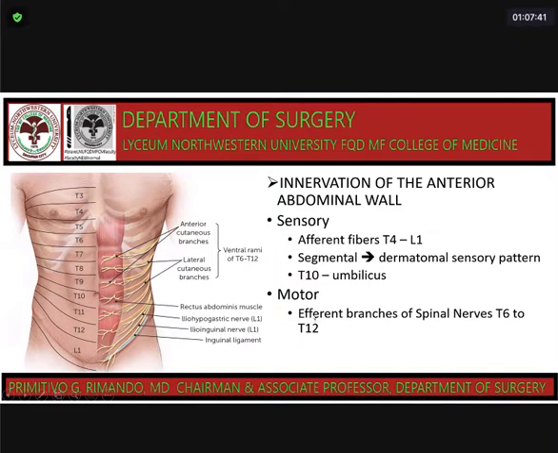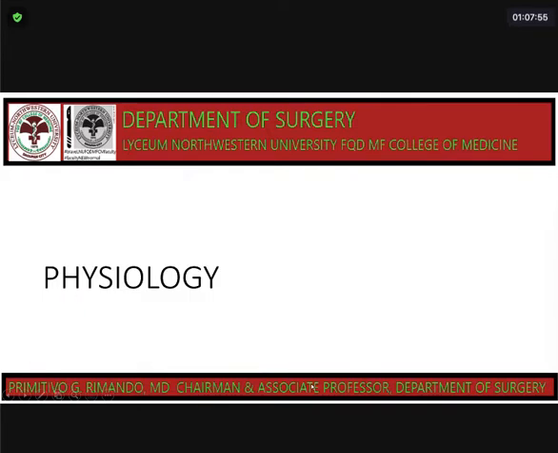Motor, you have efferent branches of the spinal nerves from T6 to T12. Okay, T6 to T12. Okay, I removed the slides on physiology. You can review this on your own. These are just the movements of your anterior abdominal muscles.